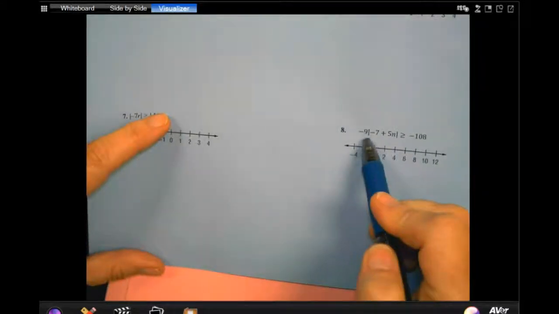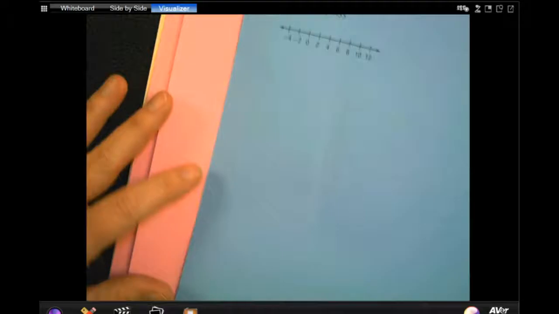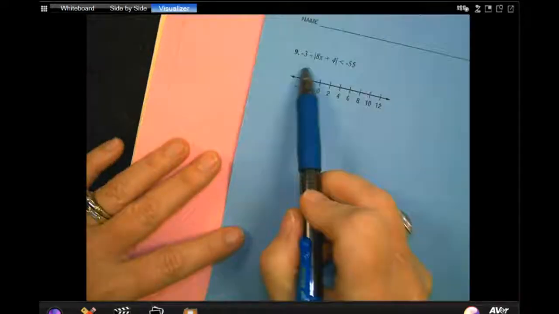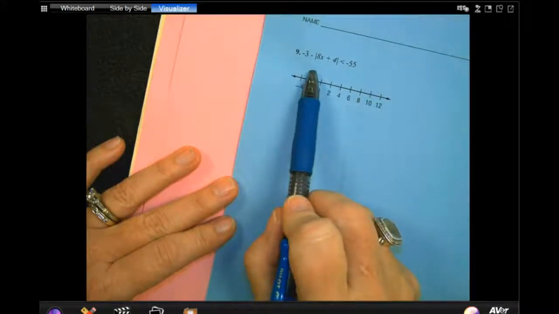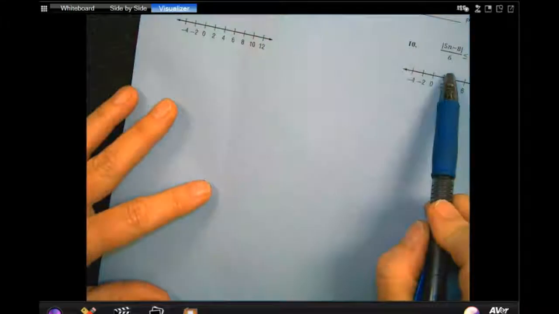Because these are side by side, so that means multiply, and the opposite of multiply is divide. So on the back, on number 9, add 3 and then divide by what? -1. What do I do on 10? Multiply by 6. Good job.